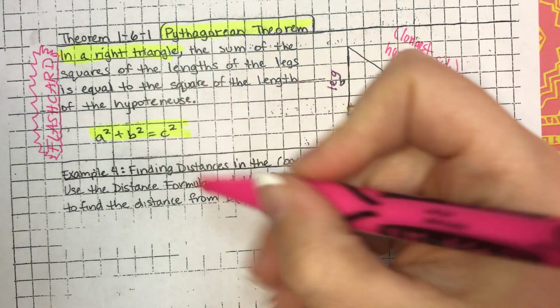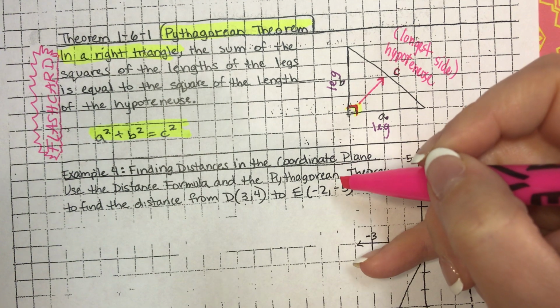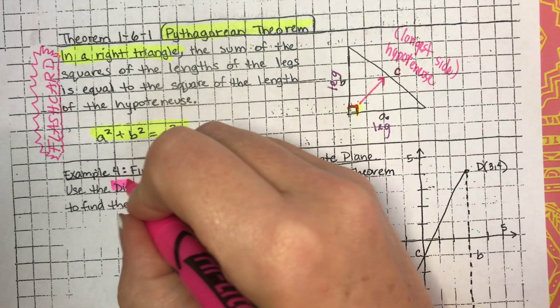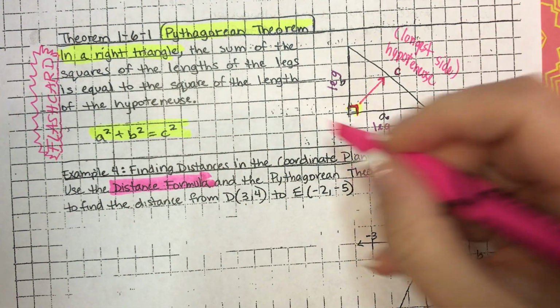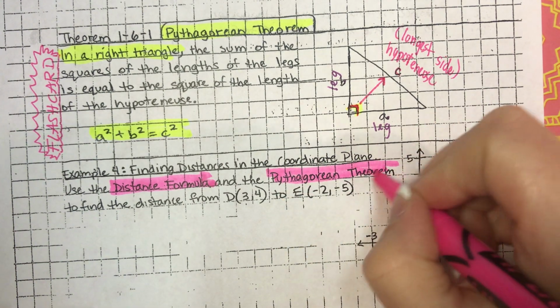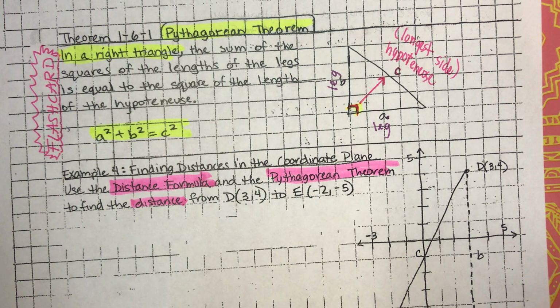On your quiz, you're going to have to do the same thing. So it's really important that you read the instructions and you highlight what you're supposed to do. So we're going to use the distance formula and the Pythagorean theorem to find the distance from there to there. So we're going to do two things.